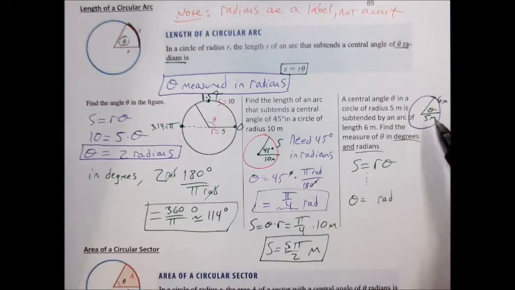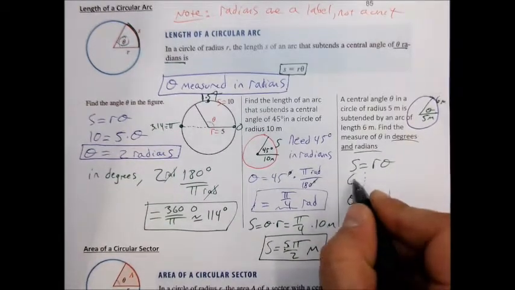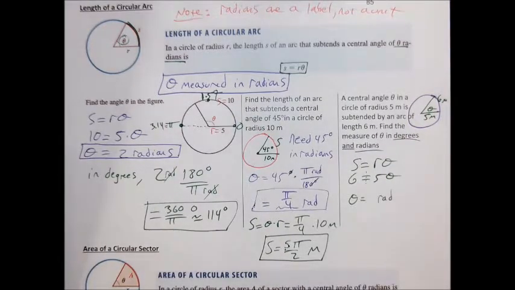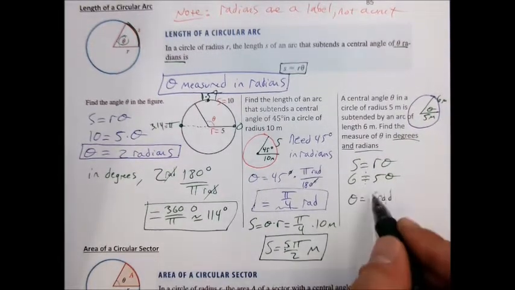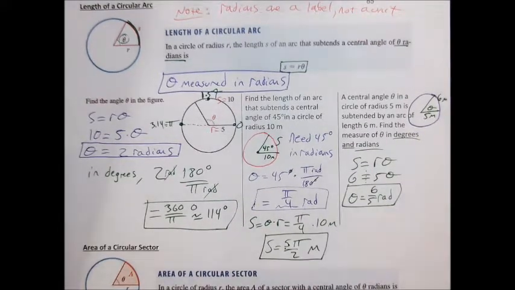So we've got an S value and we've got an R value. All right, so we can plug those in. This becomes 6 equals 5 times theta. And so then when we solve for theta, we get 6/5. Right, and so 1 1/5 radians is what that ends up equaling.